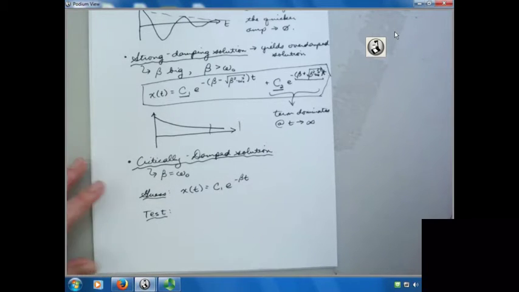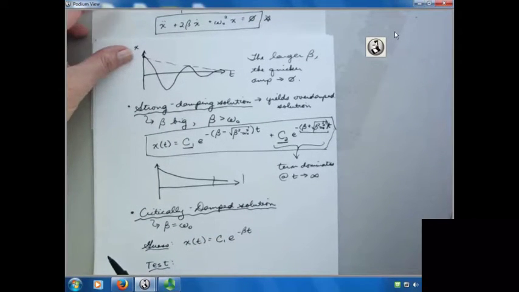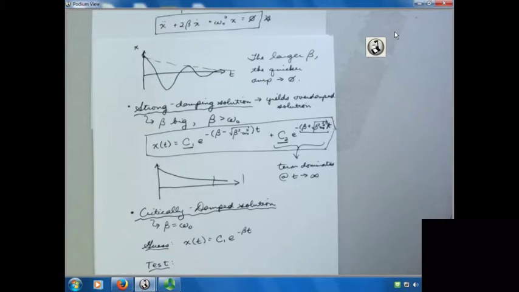So we're going to test this guess by plugging it into our equation of motion right here. Plug it in there, and let's see what we get. I'm going to work it while you work it.